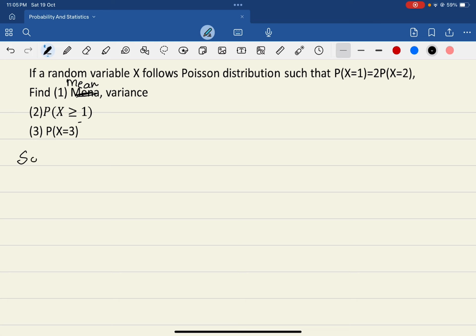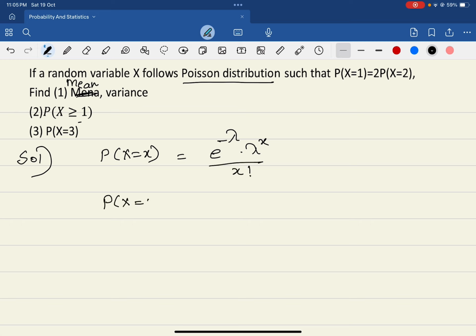So what is given? It is already given that it is a Poisson distribution. Now, what is P of x equal to x? First of all, the formula in Poisson distribution: e raised to minus lambda, lambda power x over x factorial. Now, P of x equal to 1 is twice of P of x equal to 2.